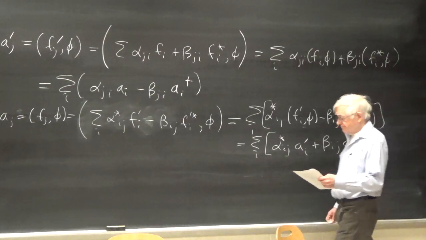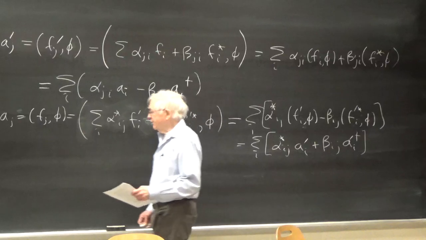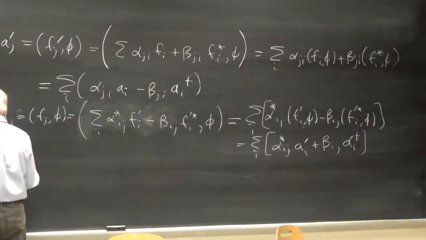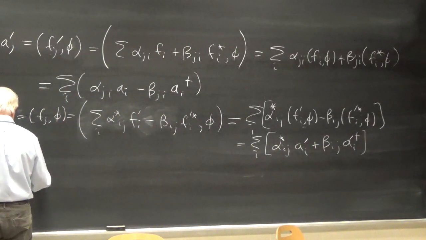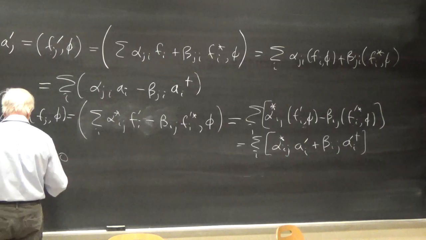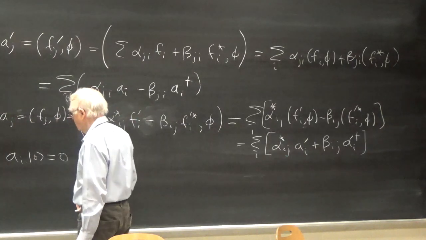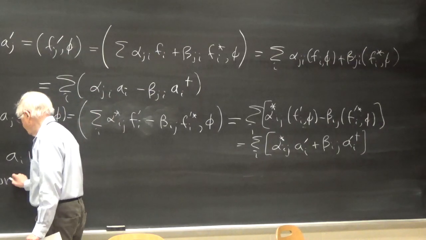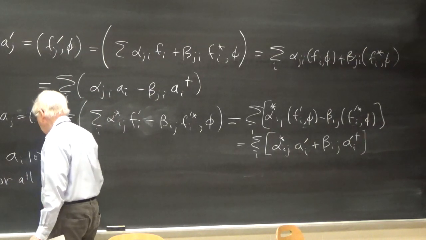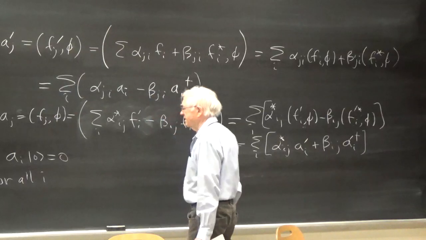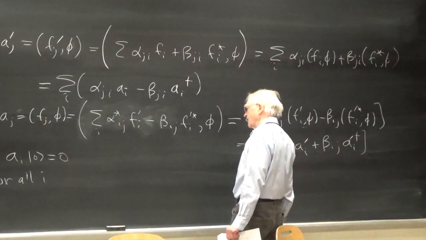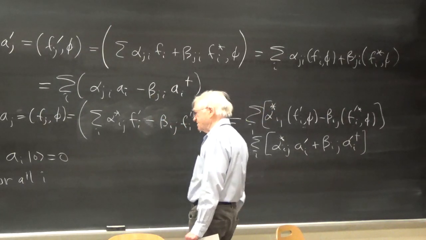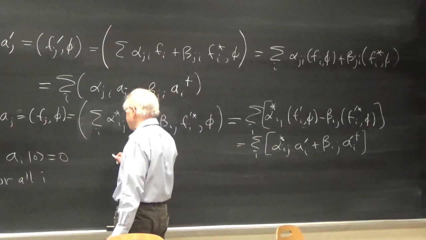Now, the vacuum of the first system is defined by the equation that for all modes i, the annihilation operator maps the vacuum state to 0.